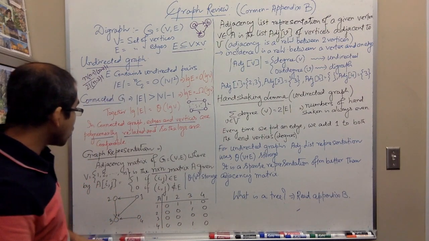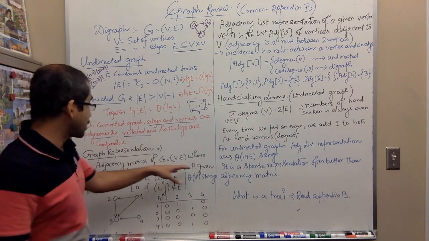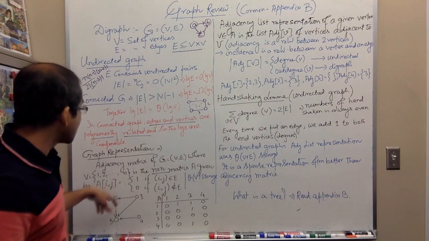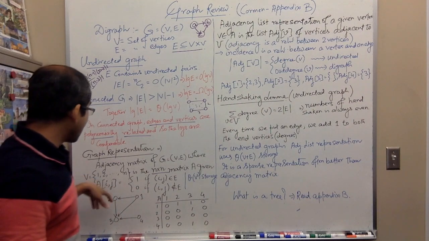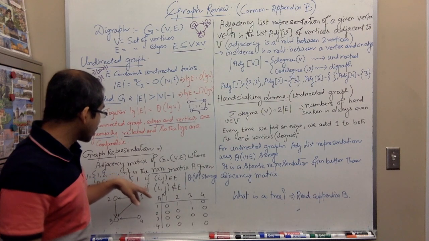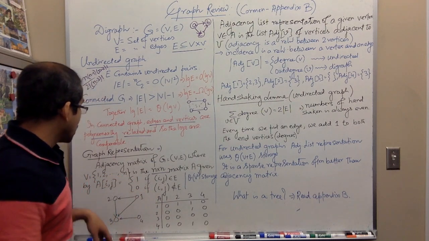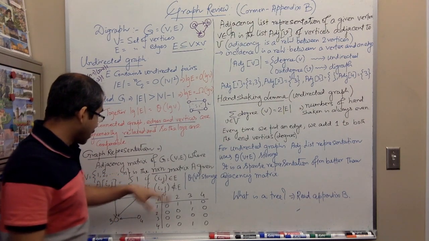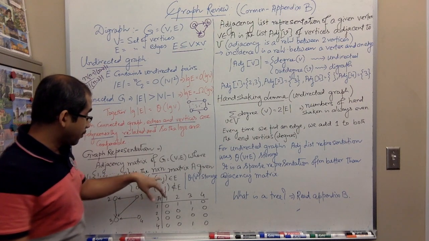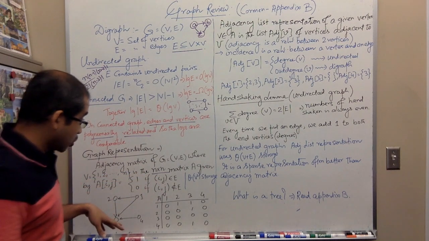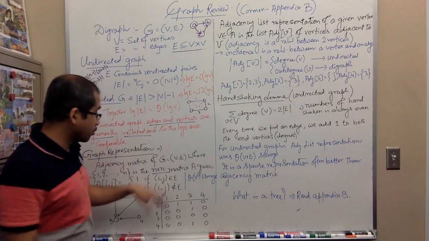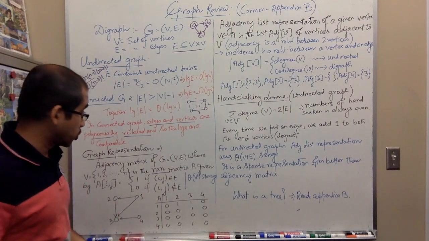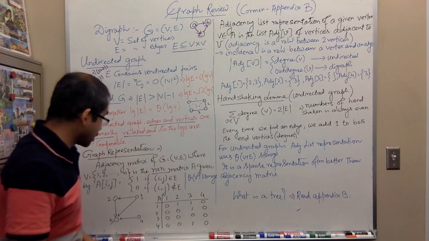And it says a matrix A given by Aij, where the element given by the row and column coordinates will be 1 if between i and j there is an edge, and will be 0 if between i and j there is no edge. That's called an adjacency matrix representation.